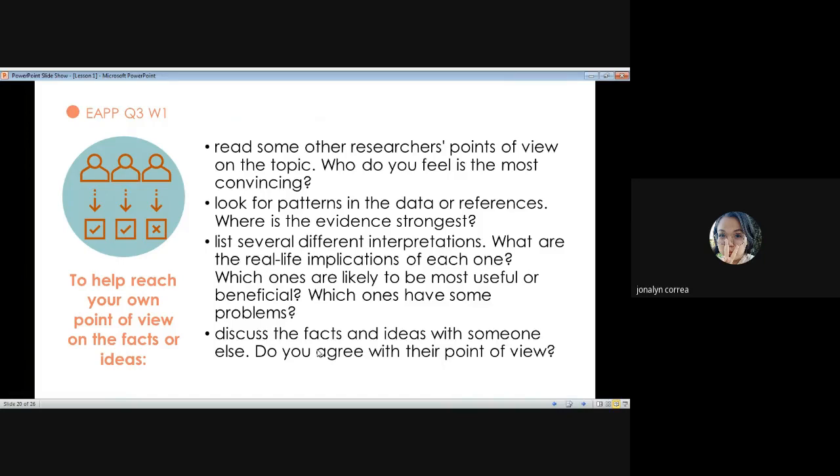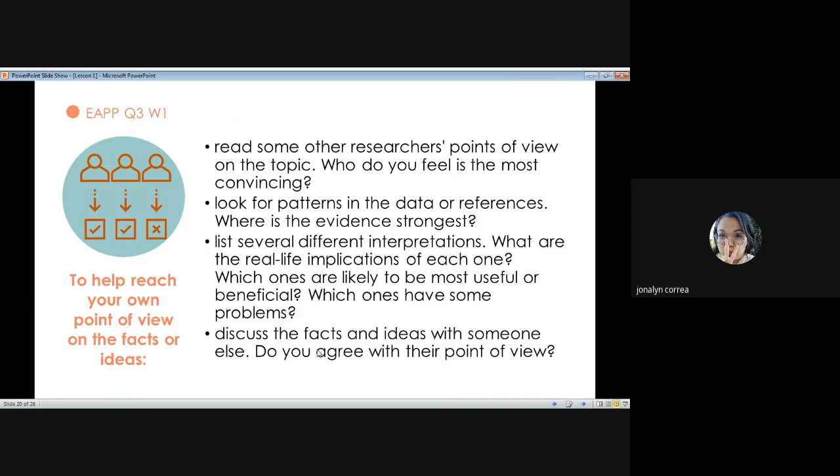So here is some help again on building your own point of view. Like for example, in choosing the right vaccine for COVID. So you're not convinced with what you have watched on television. Some of you maybe have read, have researched, and some of you asked friends which among these vaccines is the most effective, and so on.